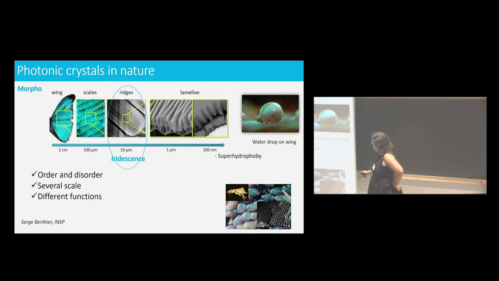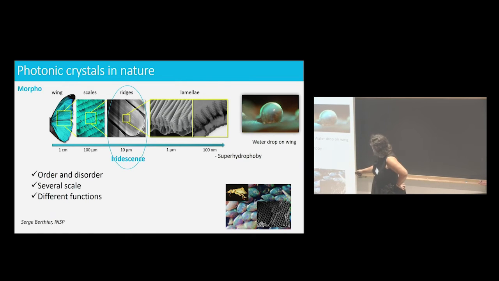Here, the structures are very small, so I don't have the scale. See, I have the scale here. And you have no optical effect at this scale. When you put a drop of water on the wing, what you see is something like this.